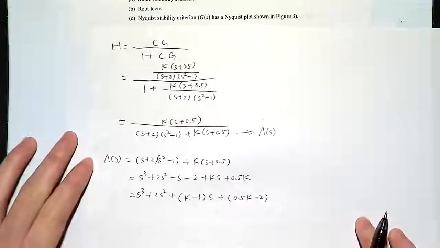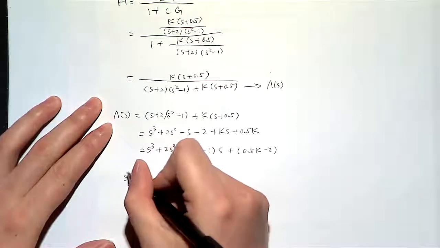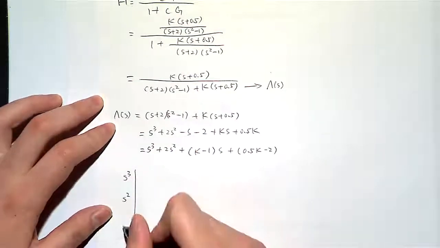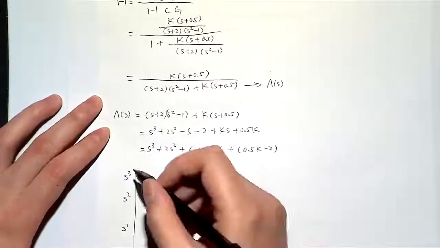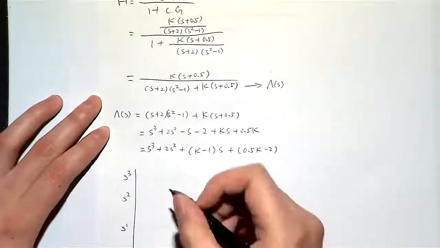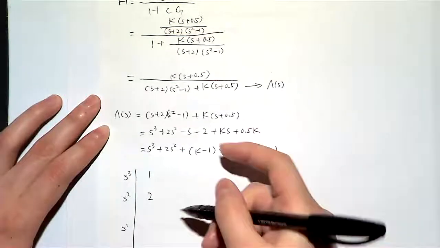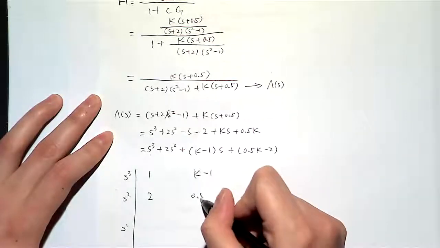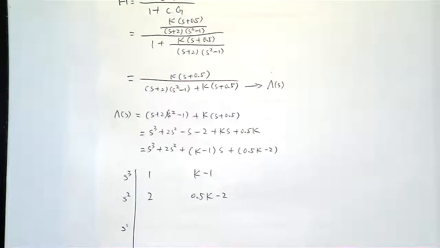And now you can write the table, right? So starting from s to the power of 3, s squared, s, constant. And now you copy the coefficients down. 1, right? This is 2. This is k minus 1. This is half k minus 2. Right?